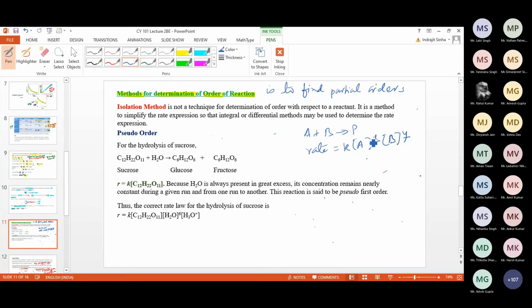Whether you can write the rate law in this format is another question that we have already addressed. But supposing you can, then what is x and what is y? If you know x, that is the partial order with respect to A. If you know y, the partial order with respect to B, then you can add the two. x plus y is equal to n, right?